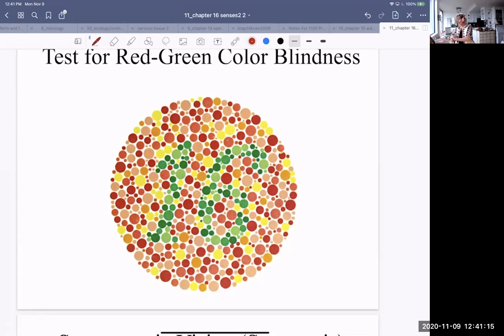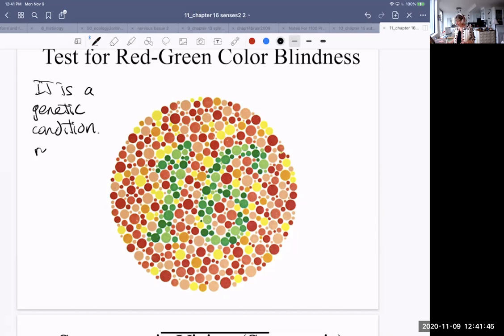Color blindness is genetic, where the gene that codes for the red-green proteins that are part of the pigments is not functioning.